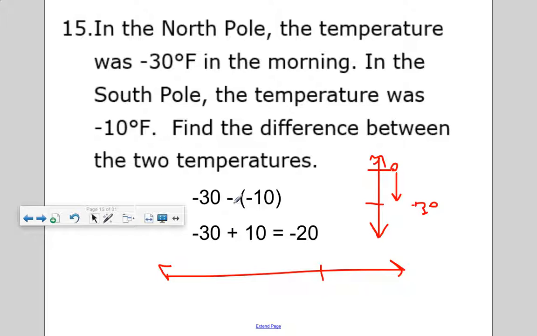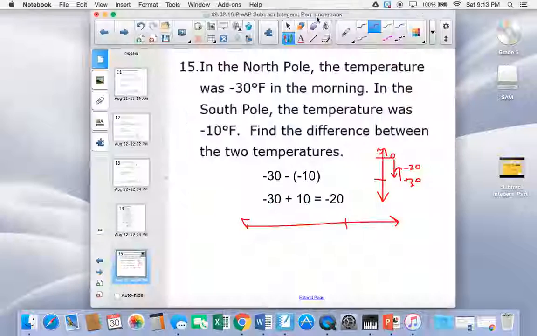Now it says I need to subtract negative 10. That's the opposite. What's the opposite of negative 10? Positive. So I'll go 10 degrees up. And where am I at? Negative 20. Sorry, this should be negative 20. And that is the answer to this. This is how to subtract integers, part 2.